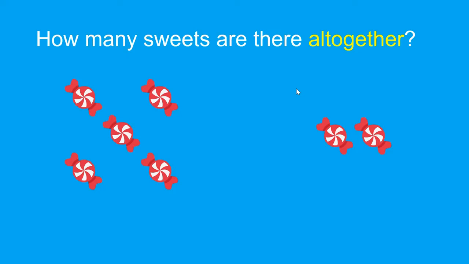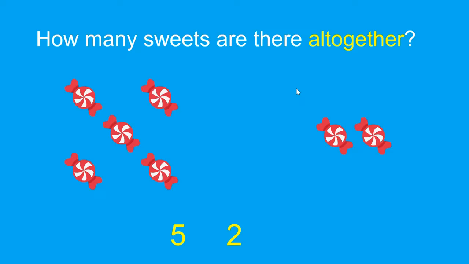Okay, how many sweets are there altogether? On the left, we have 1, 2, 3, 4, 5. So we write 5. Then on the right, we have 1, 2. 2 sweets. So when we want to find how many are there altogether, we need to add them up.